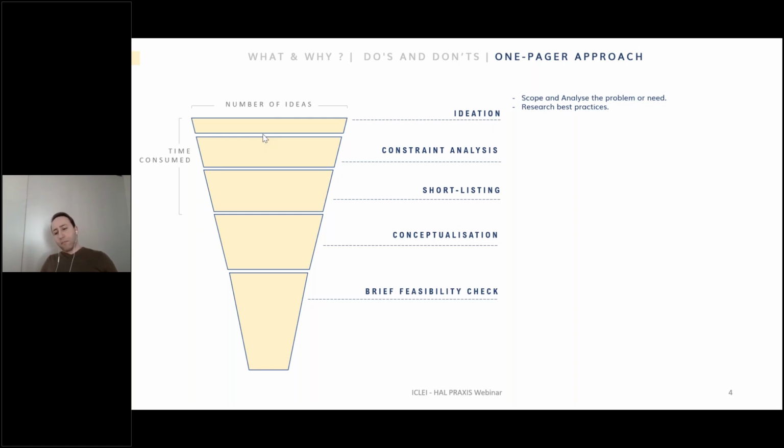So please, when you're benchmarking, look at countries and places that are similar to your own local, like to your own municipality or local government, to your own context, economic, social context, because many of the practices that you're going to read about in conferences and in white papers might not fit you. Okay, it's going to be a little bit tricky. So research the best practices that fit you, and then you can go through a brainstorming.